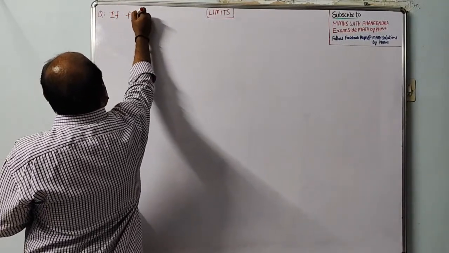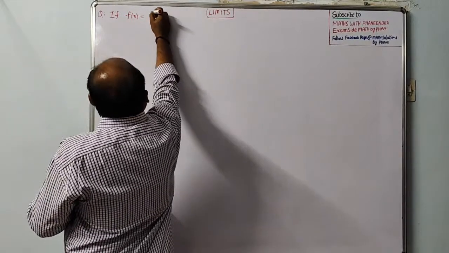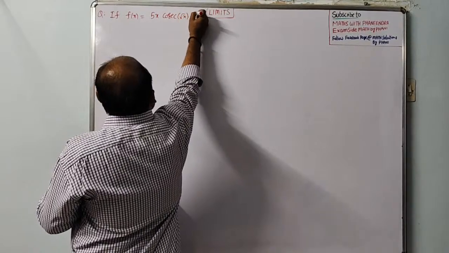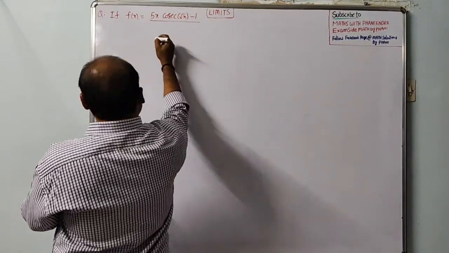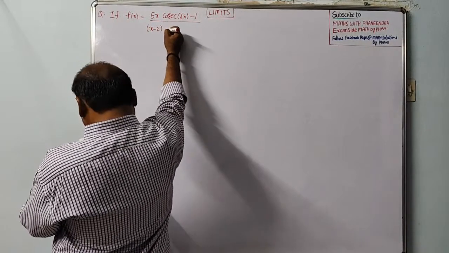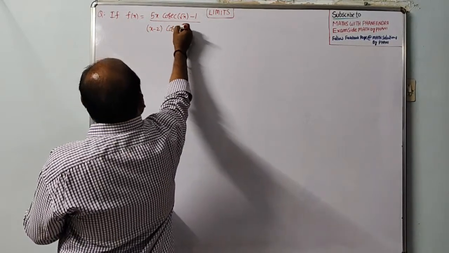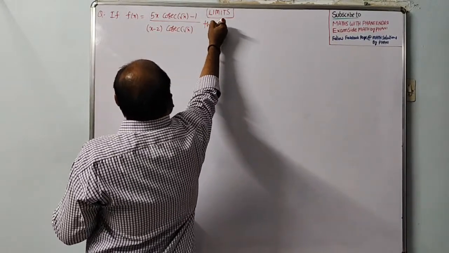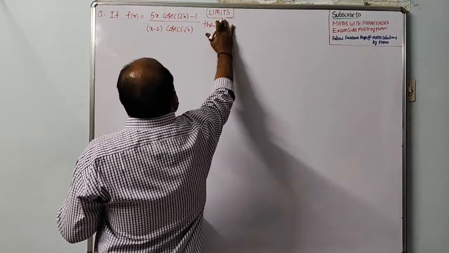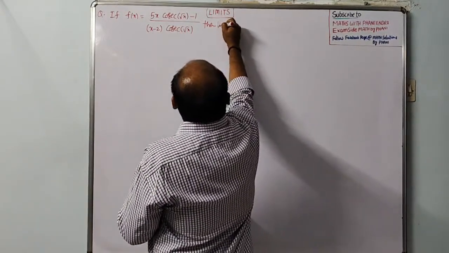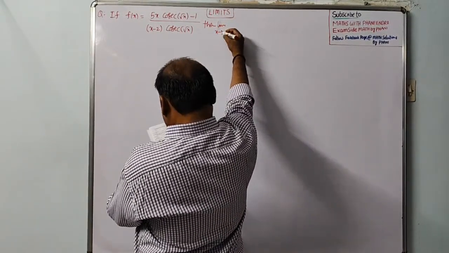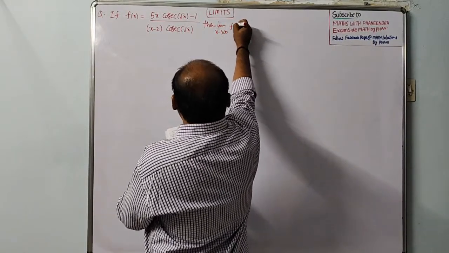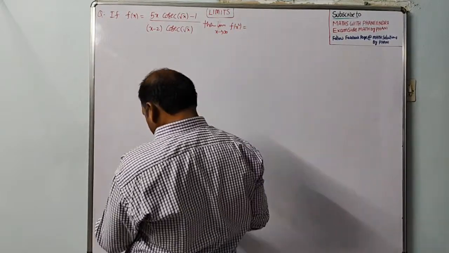If f of x is equal to (5x into cosecant root x minus 1) divided by (x minus 2 into cosecant root x), then limit x tends to infinity, f of x square is equal to.